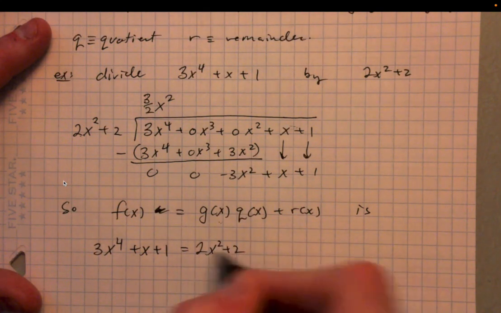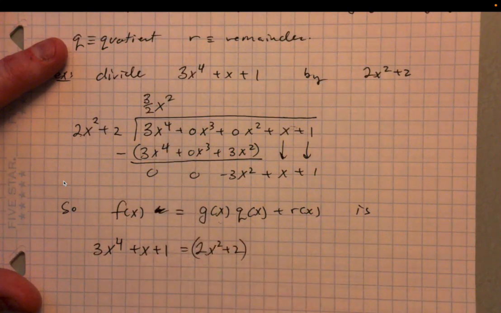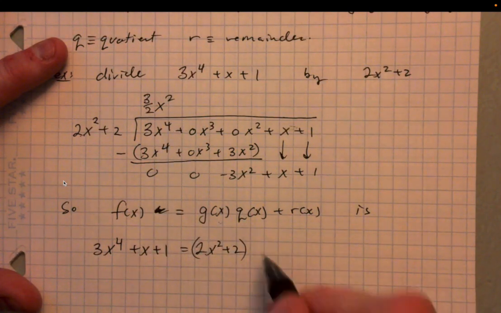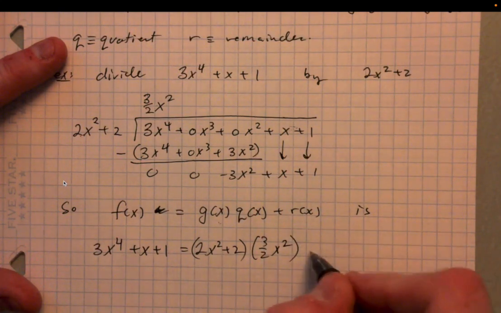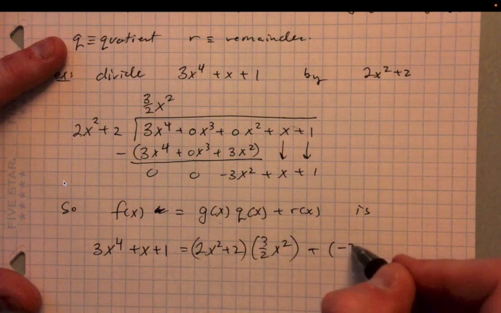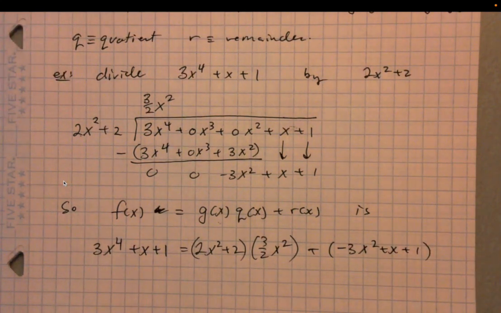And then we would say the q of x is the 3/2 x squared. And then the remainder would be plus this thing. All right, so that's the idea, right? We can just run through this like this.